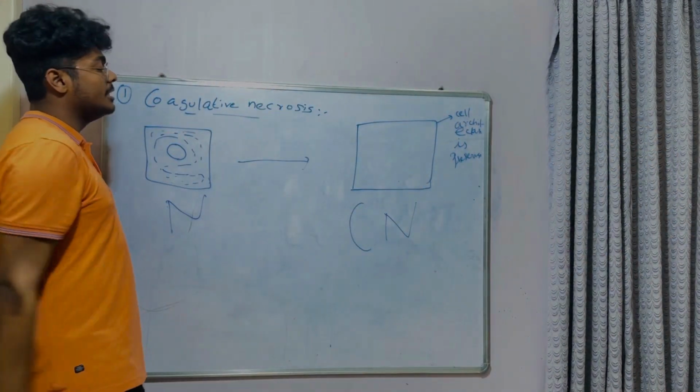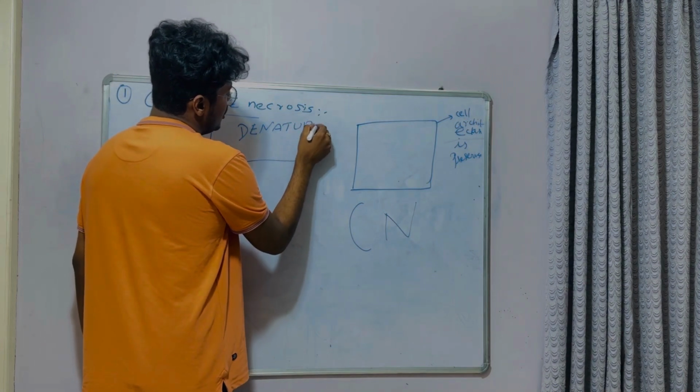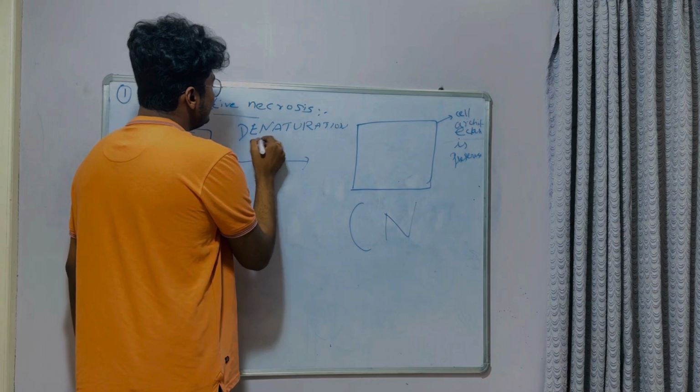Why is the cell architecture preserved? Due to denaturation of proteins.